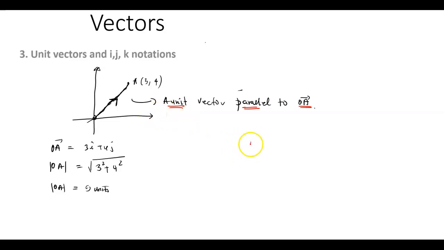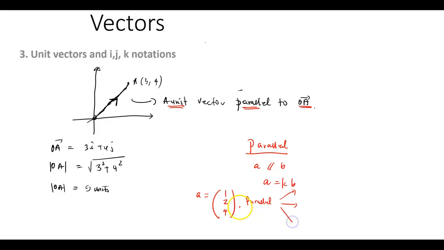Now, if two vectors are parallel to each other, they should be multiples of each other or fractions of each other. So if A is parallel to B, it means that A is a fraction or a multiple of B. That means if I have a vector A as, say, 1, 2, 4, I can get so many vectors that are parallel to it, as long as they are multiples or fractions of A. I can multiply this by 2, and then I have 2, 4, 8.